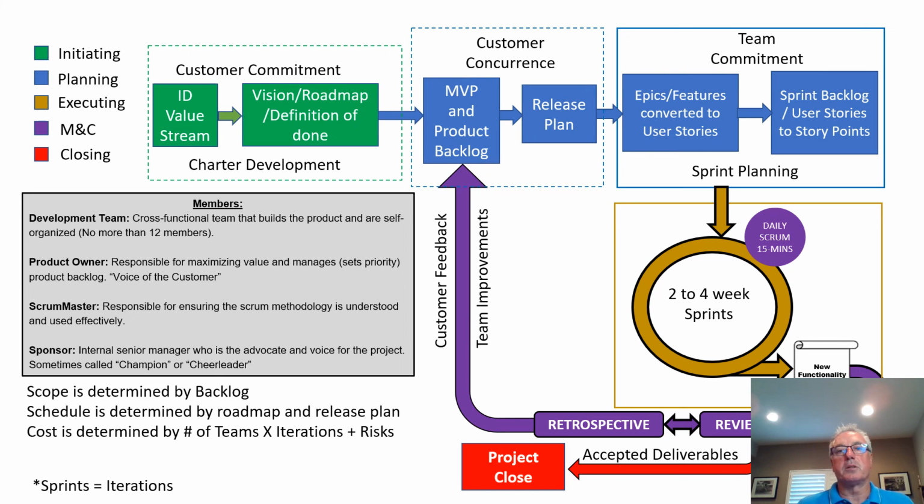A retrospective is something that happens after this sprint period, where the team gets together and they talk about everything that went right, and in some cases, things that didn't go right. And they plan for better improvements based on what they know and customer feedback that they got from the product owner. It goes back into the customer concurrence loop, and we come up again with another backlog that's prioritized once again by the product owner.